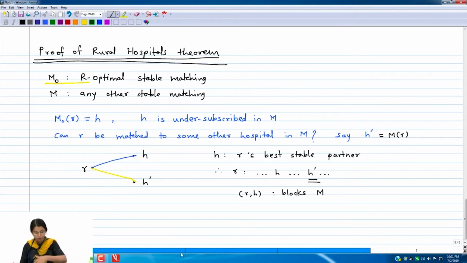So R has gone to a worse stable partner and H has remained undersubscribed, who is R's best stable partner, although it may not be the first choice. So then the RH pair is going to block M, so M cannot be a stable matching.